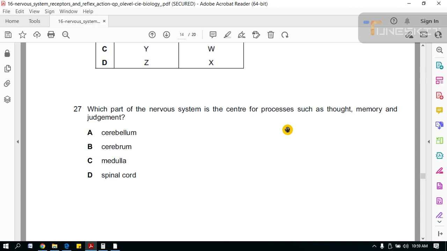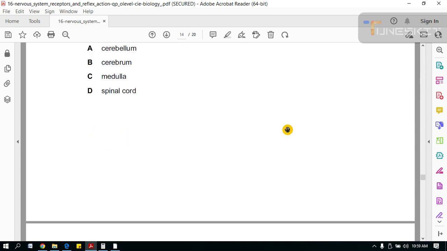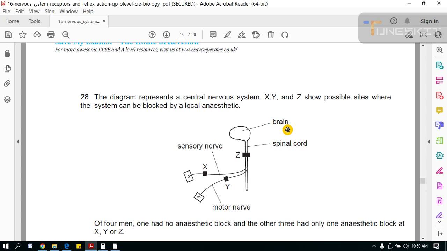Medulla oblongata has other functions like controlling heartbeat, breathing, swallowing and coughing. Spinal cord is a part of central nervous system, involved in processing and other things. So option B is correct.